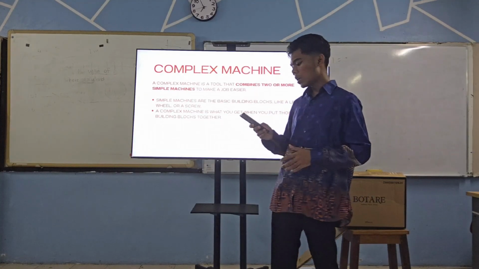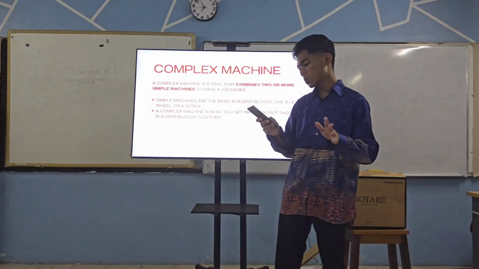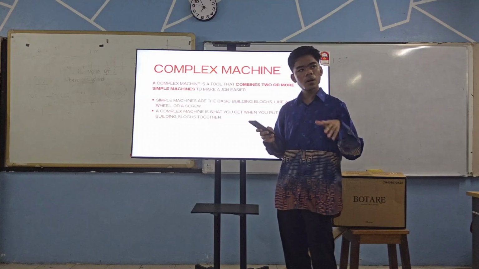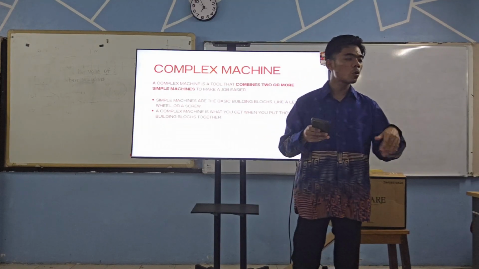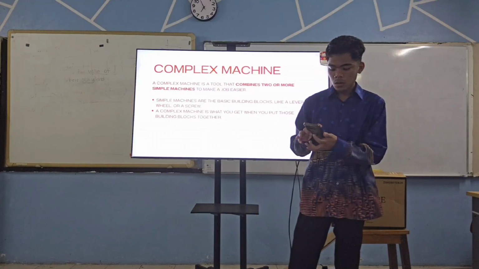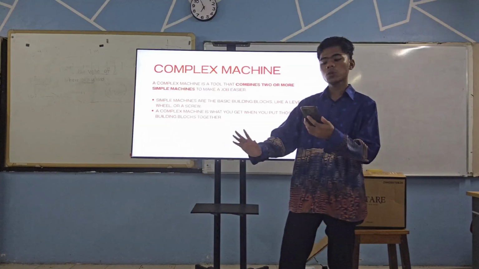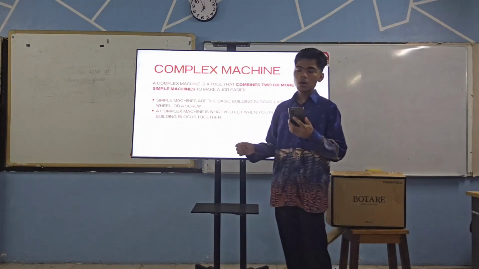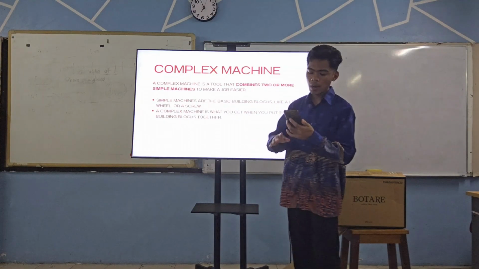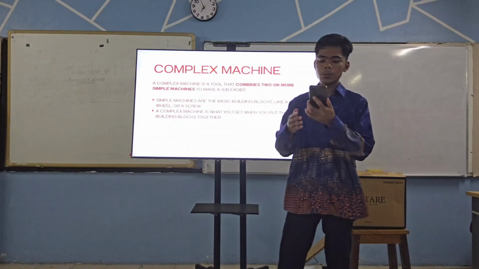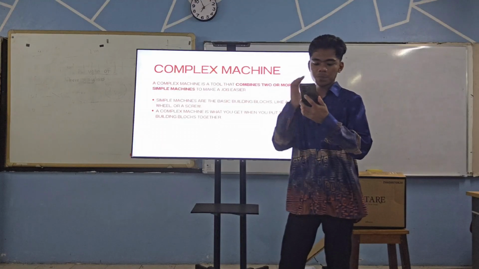Now I'm going to use another question for you to elaborate and deepen your understanding. Next one is, suppose you have a choice between two ramps. You have a box on the table, and ramp A is very long but not very steep, and the other ramp is very short but very steep.